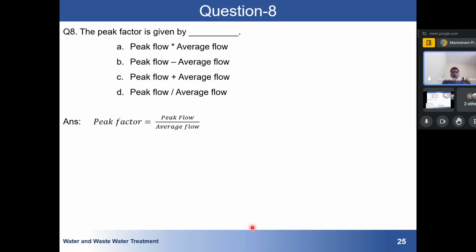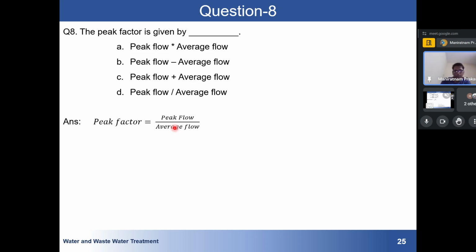Okay, this is a very simple question. What is the peak factor? Everyone is aware of this. Peak factor is given by peak flow divided by average flow. This is related to water demand, like how much water is being given to you, and you must have been aware of the idea of the maximum daily demand, maximum hourly demand, maximum weekly demand.